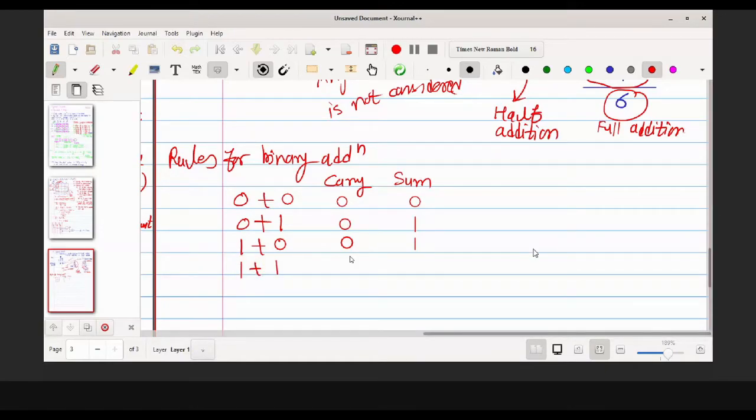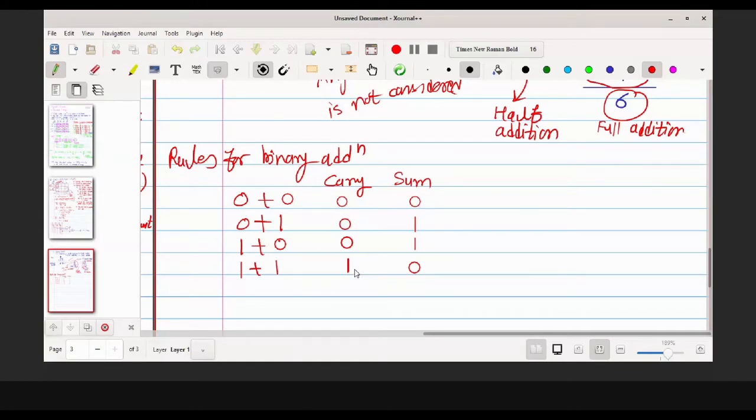And 1 plus 1 is what? 1 plus 1 is 2. And 2 in decimal is what? 1 0 in binary. So 1 0 means the sum is 0 and 1 carry will be generated. First you need to understand when the carry is generated. Let us take the decimal example again. The maximum limit of the decimal number system is 9.